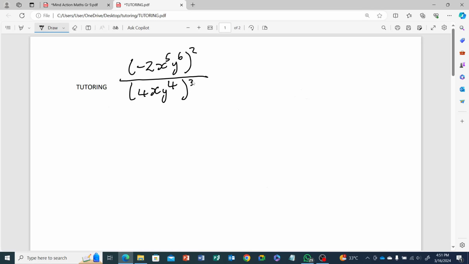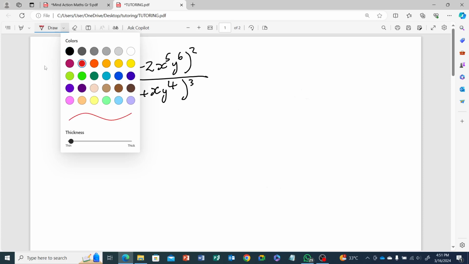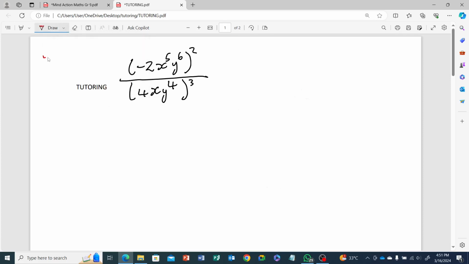Okay, so remember, guys, I said when you see numbers like this inside parentheses and all of them are raised to a power, you use the distributive law. So this 2 will distribute to the y, will distribute to the x, and will distribute to the 2 again.